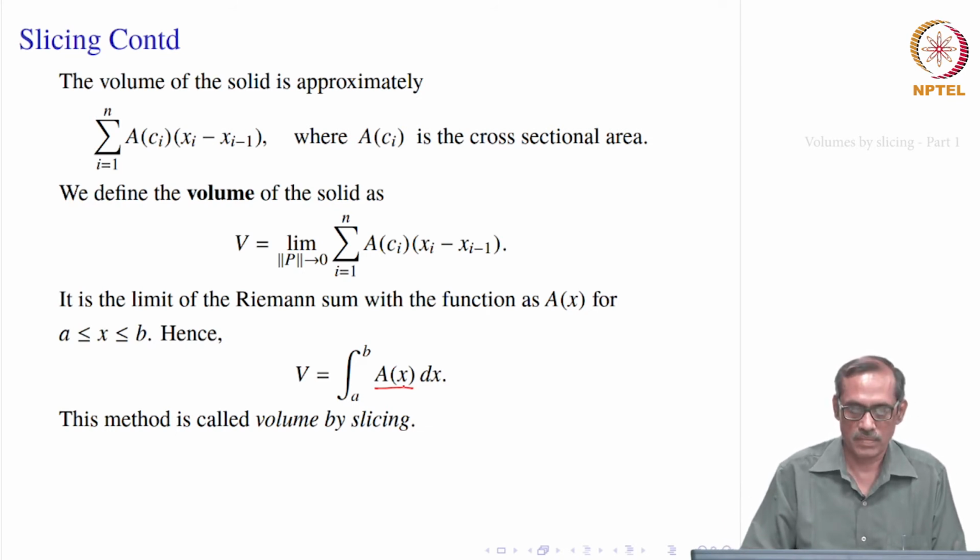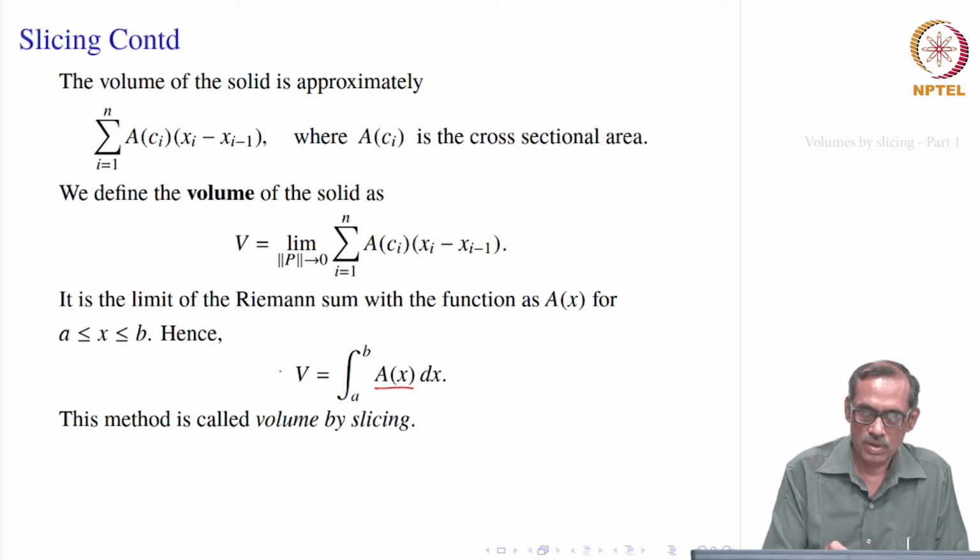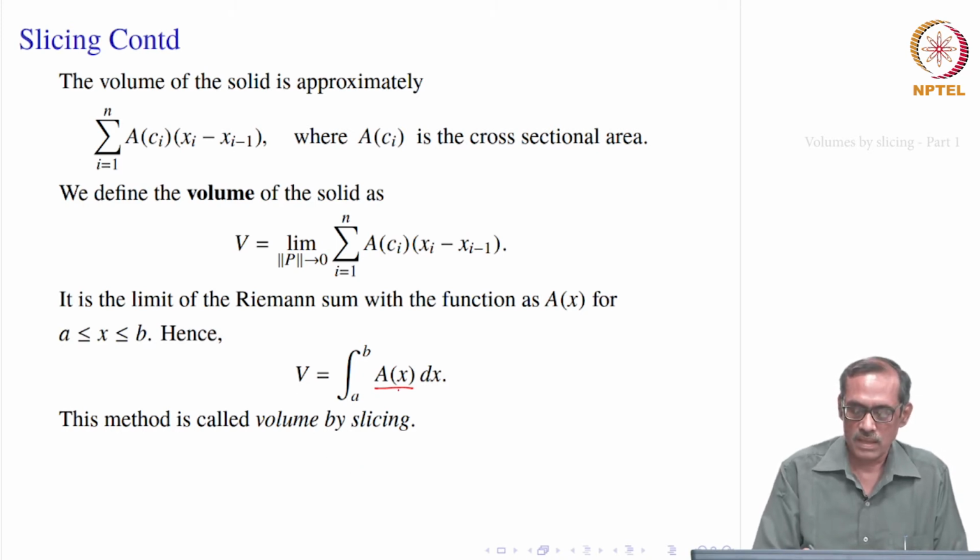So, what this approximation and the limit process says is that the volume of the solid can be written as the integral from a to b of the cross sectional area at any point x on the x axis, where the interval a to b is obtained from the projection of the solid to the x axis, and then it is the integral of A of x dx.